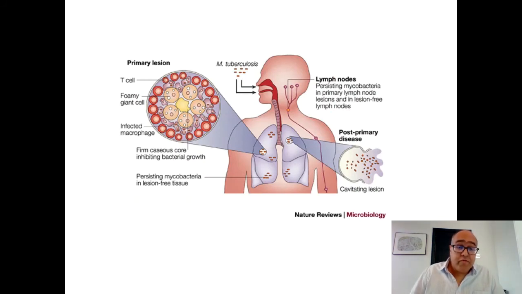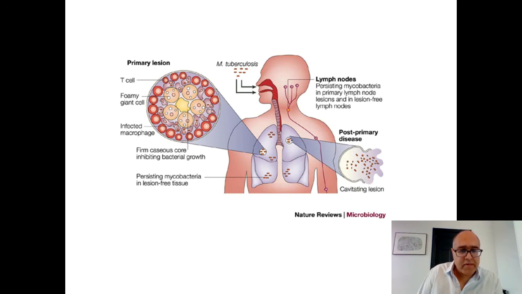So this very useful picture taken from Nature Reviews really just reminds us what happens. When you inhale Mycobacterium TB through the respiratory tract, the organism enters your lungs and you develop this thing called a primary Ghon focus.